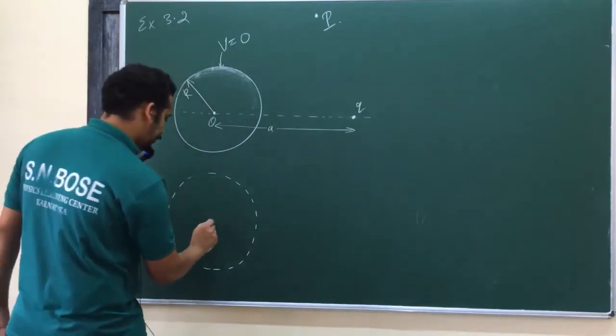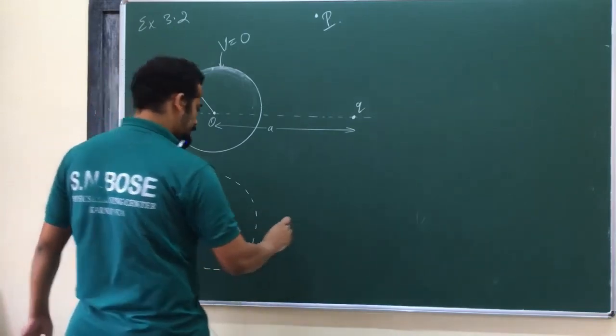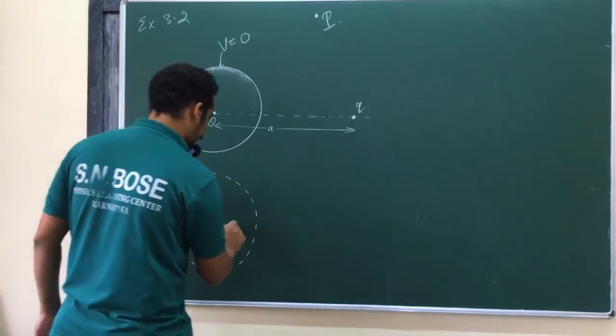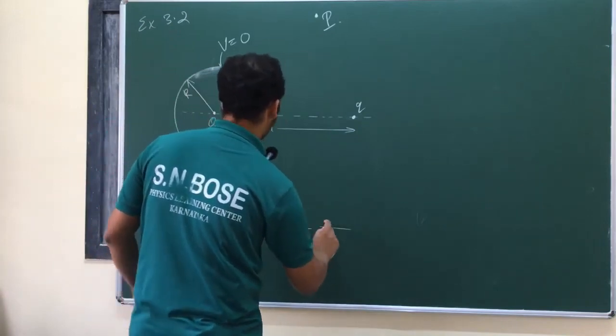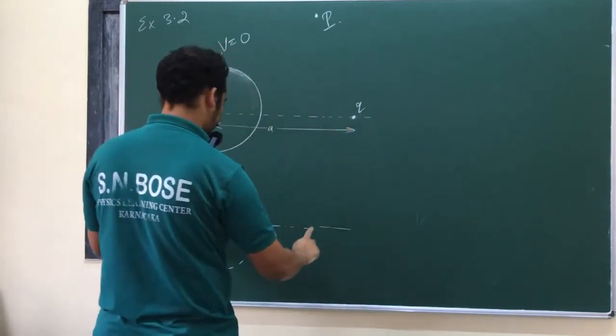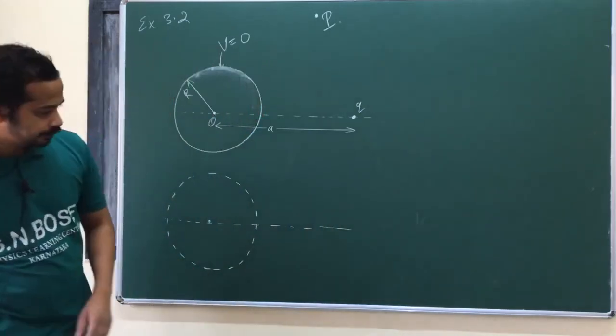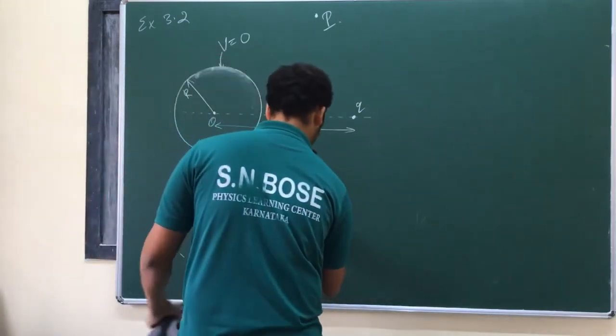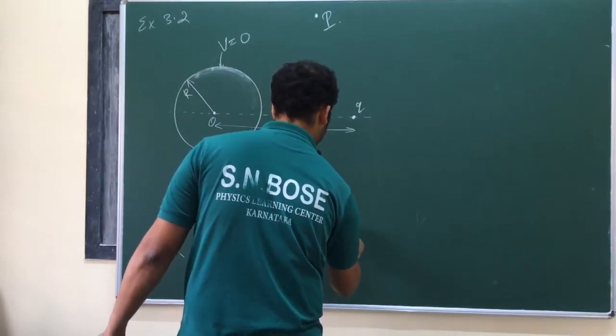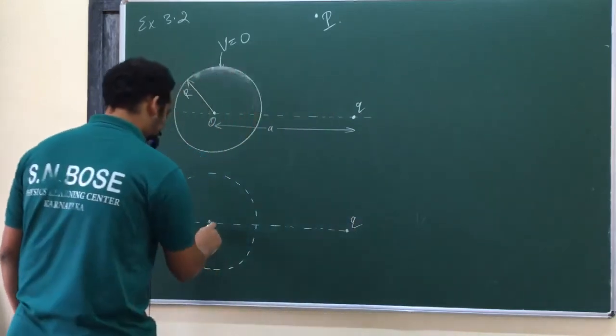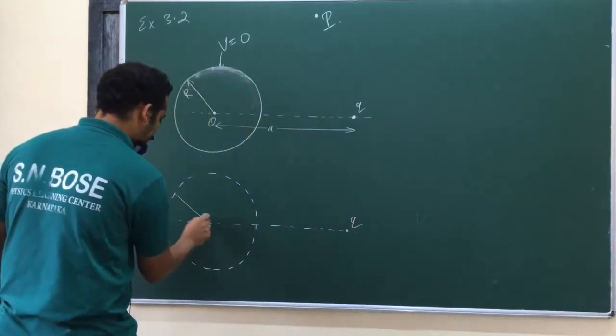This was the center of the sphere. So this Q charge is at the same point as earlier, somewhere here. Q is here. This was R.